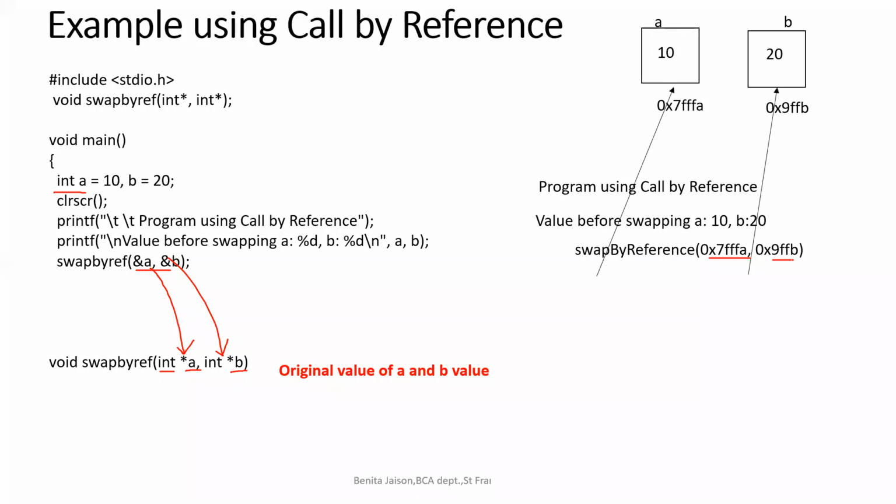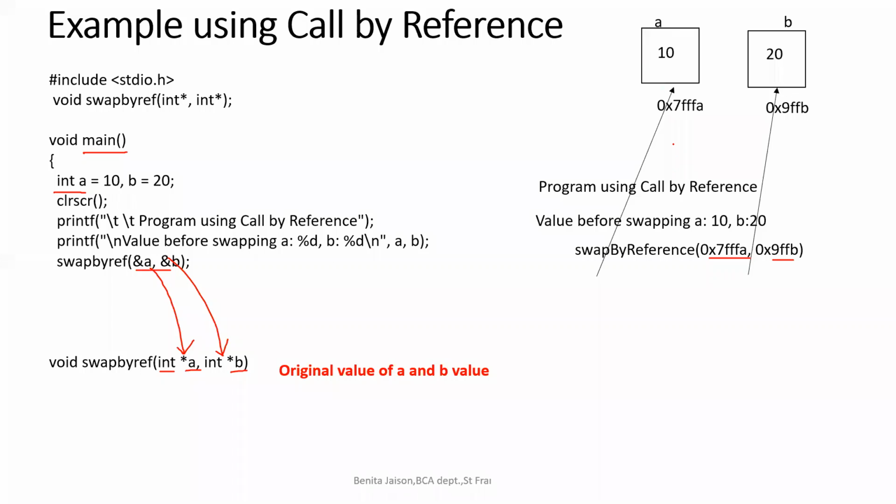Now, this address means it is as if we are pointing towards the actual value which is used in the main function. Listen, we are passing the address, which means we are directly reaching over here. When we pass that as a formal argument, we are actually accessing the value given in this address.